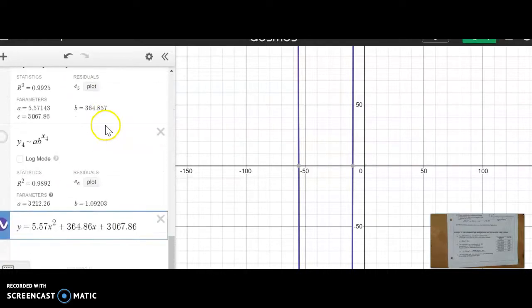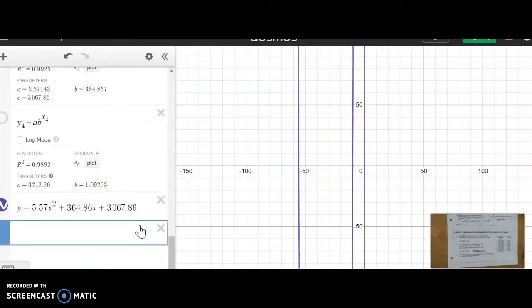Okay, so here is my quadratic. Push enter. And then I'm going to go here.